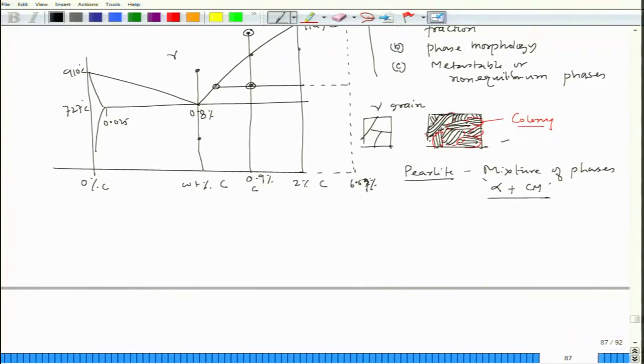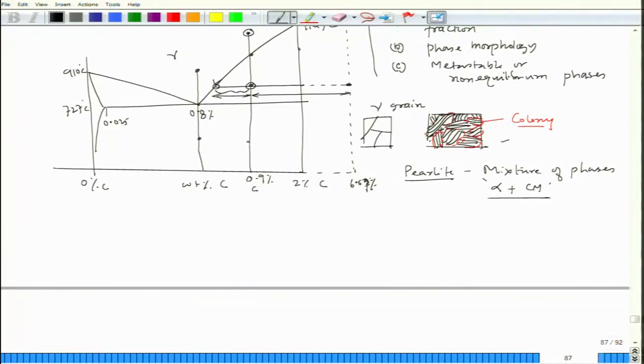So, this would be the composition of the cementite, and the amount of proeutectoid cementite would be this much, and the amount of gamma would be this much of this composition.